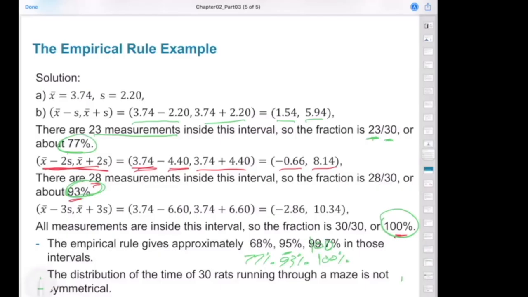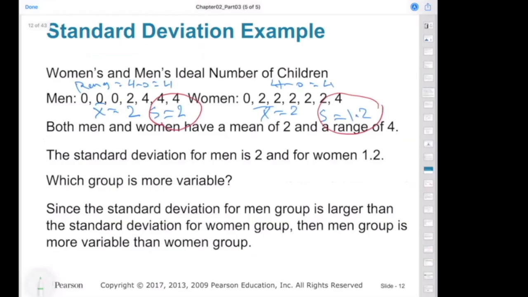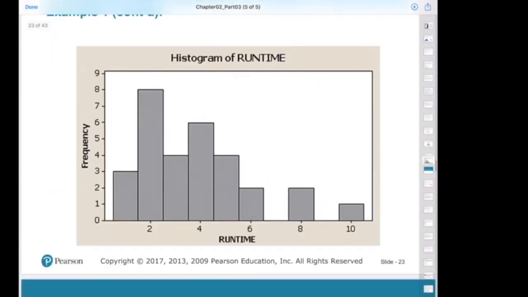If you would like to see the distribution, this is the distribution of the data. Is it symmetrical? No, it's skewed. And we confirmed it with the empirical rule percentages, compared with the percentages we calculated for the same intervals from the data.